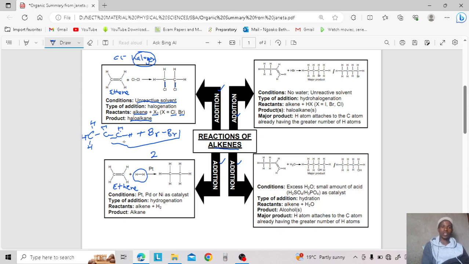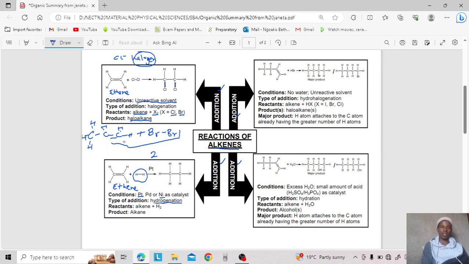The reaction condition is that we use platinum or nickel as a catalyst, to speed up the reaction. The type of reaction is hydrogenation, a type of addition reaction.